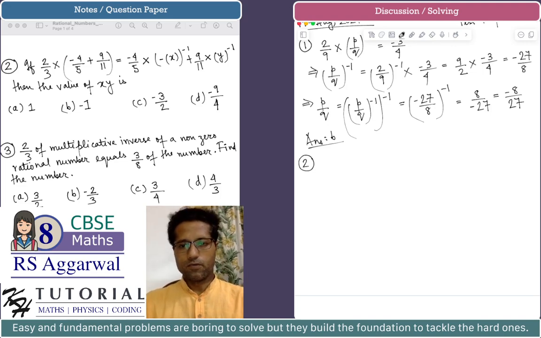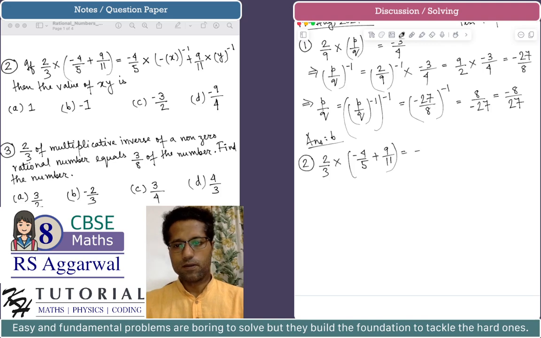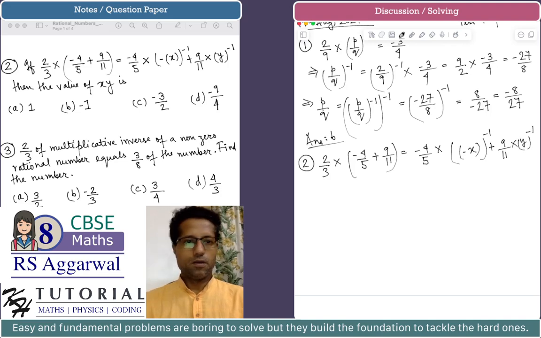Okay, so the equation is given: 2 by 3 multiplied by minus 4 by 5 plus 9 by 11 is equal to minus 4 by 5 multiplied by the multiplicative inverse of negative of x, plus 9 by 11 into the multiplicative inverse of y. Okay, then the value of xy.